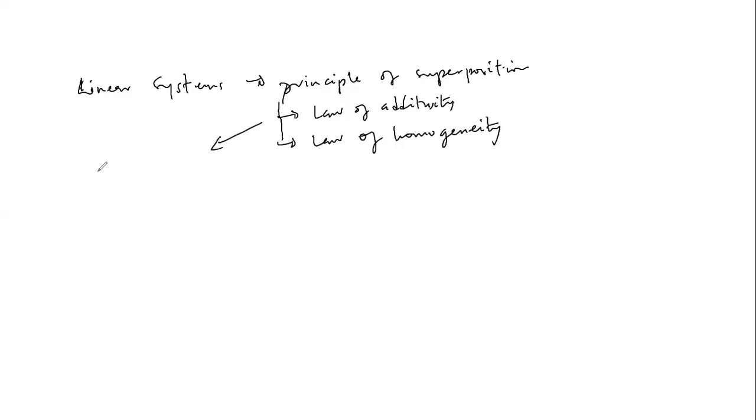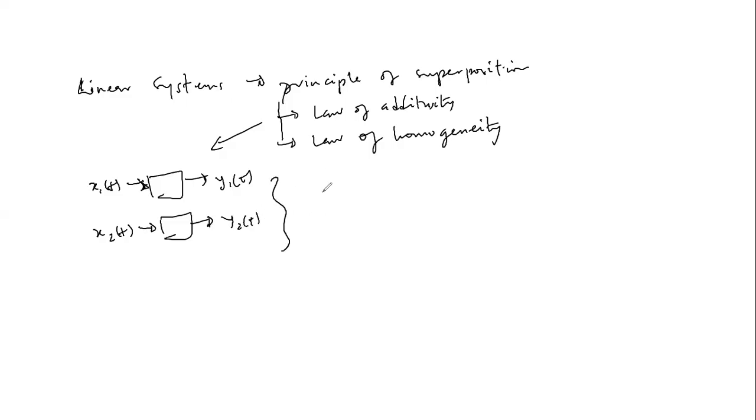Now, according to the law of additivity, should we have two separate systems? Say S1 of t goes into the system, and we get Y1 of t, and then we have a second system, S2 of t, and that gives us Y2 of t.